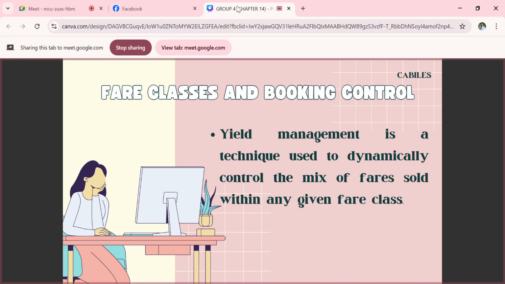Next slide, please. And now let's talk about fare classes and booking control. Yield management is a technique used to dynamically control the mix of fares sold within any given fare class. This is particularly relevant in industries like airlines, hotels, and car rentals where there is a limited number of units, or seats, rooms, cars to sell.